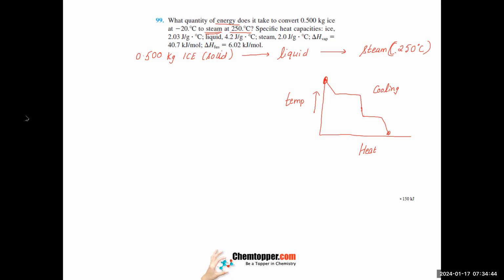And here, this heat is released or needed? This is released, because you are cooling and heat is coming out of the system. Temperature of the system is going down.